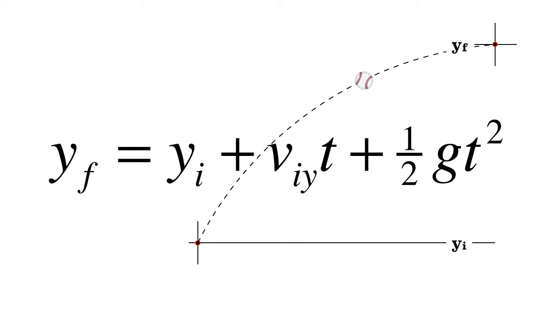All right? Now, let me remind you also of another concept that we've talked about, the distance rectangle, the distance polygons. We did some distance trapezoids last time. The distance rectangle, this middle term, viy times t, that's a distance rectangle.